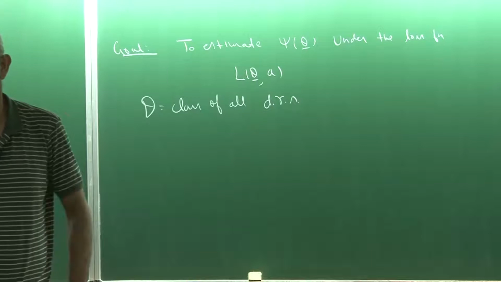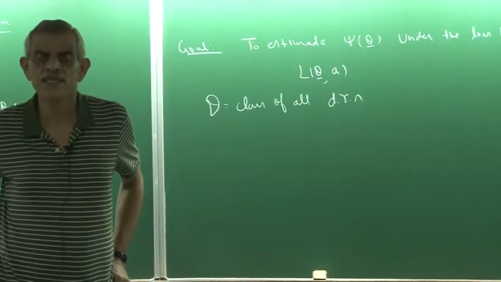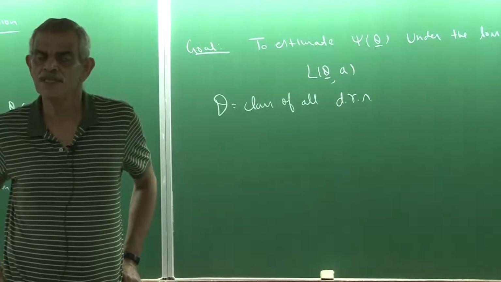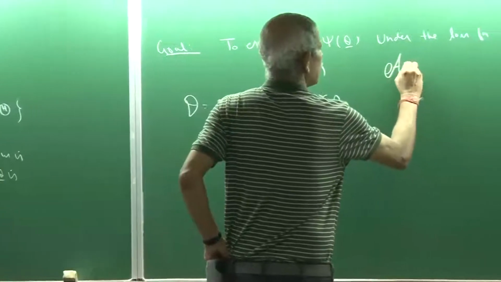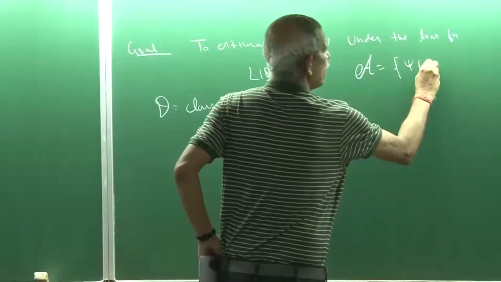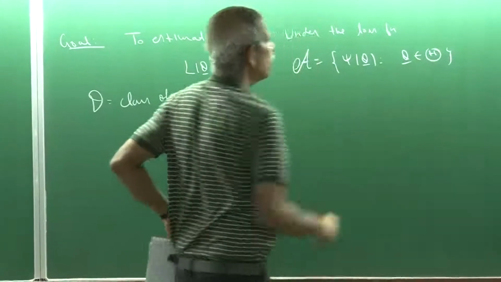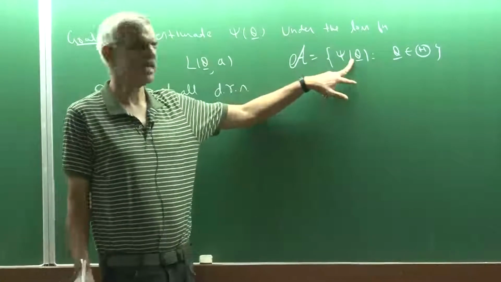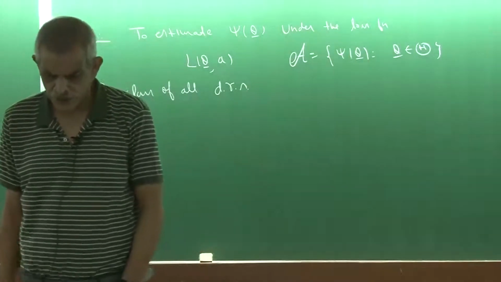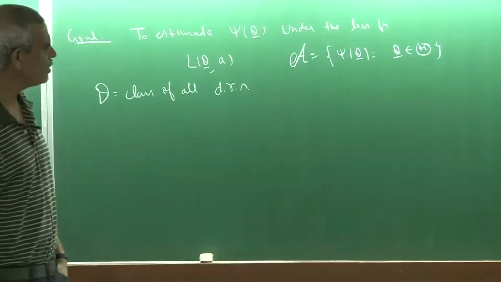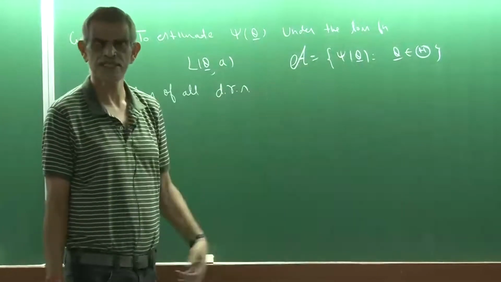And how did we define a randomized decision rule? A randomized decision rule is nothing but a probability distribution on the action space. My action space here is nothing but all possible values of psi theta such that theta is in Theta. Because I want to estimate psi theta, my action should be some value of psi theta. So a randomized decision rule is nothing but a probability distribution on the action space A.